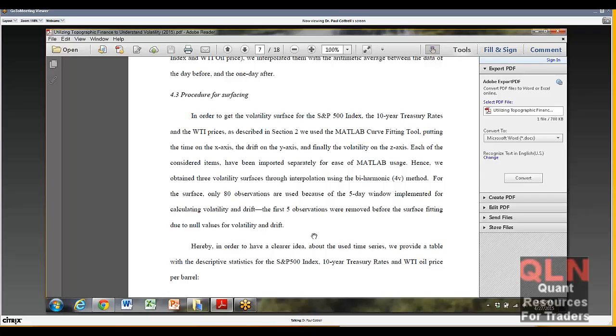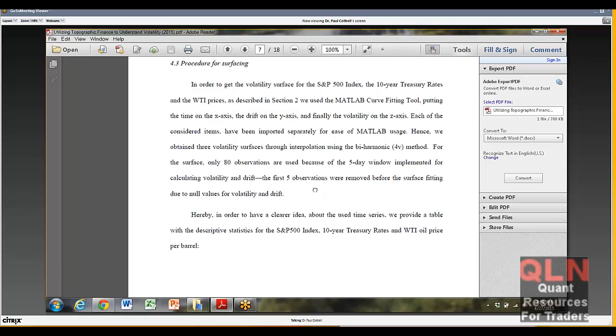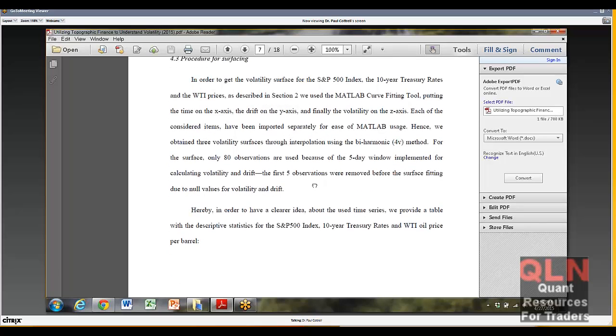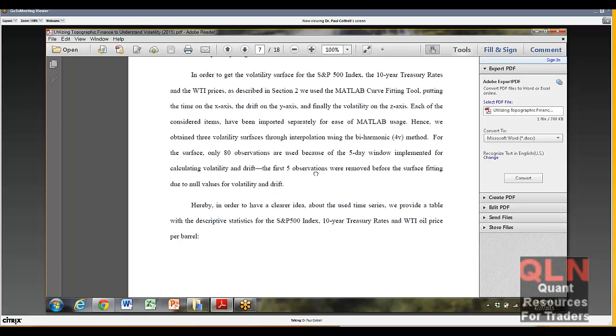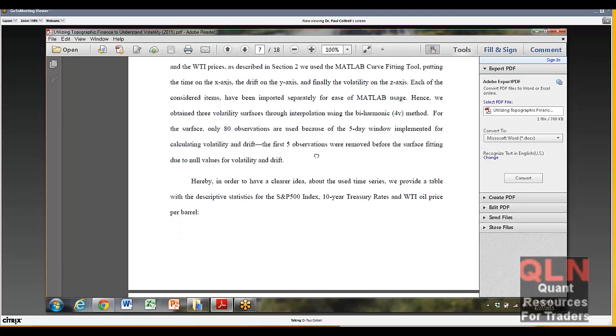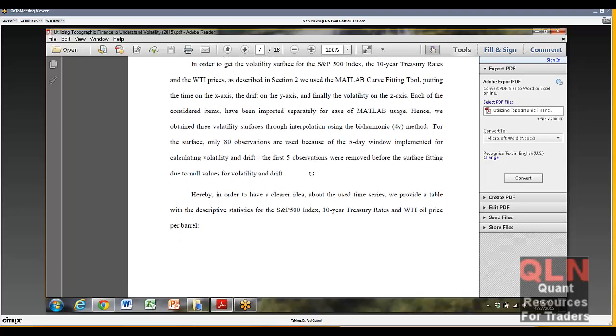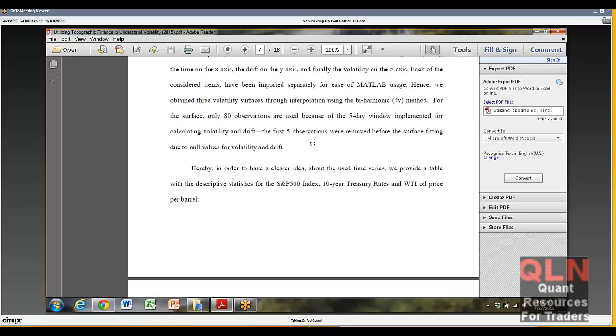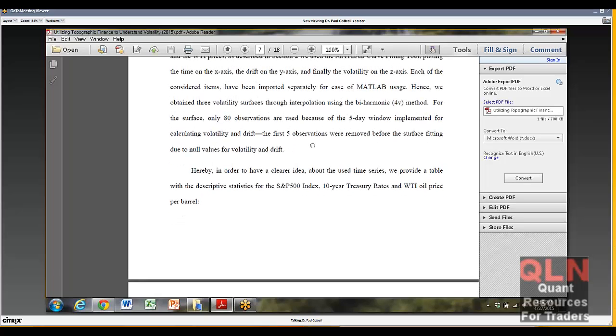For us, we define time as X, drift as Y, and volatility as Z. And you select the biharmonic method for the surface fitting. So by doing this, you get 85 observations out of the 5-day moving window.